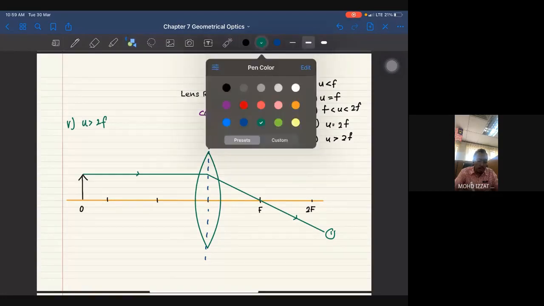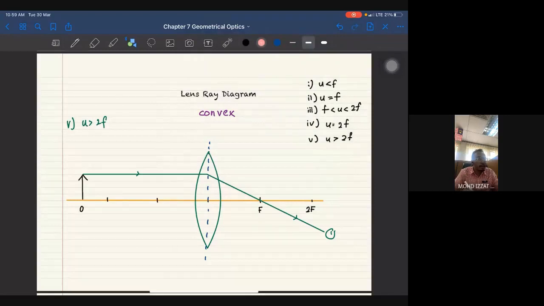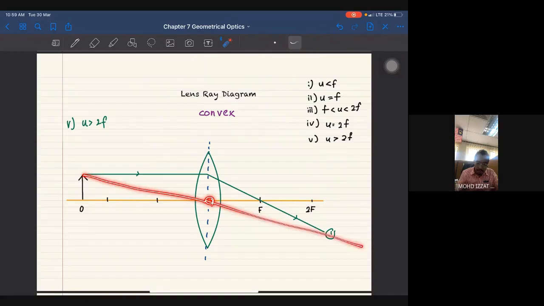Ray number 2, saya skip ray number 2. Instead, saya nak buat ray yang ketiga. Ray yang ketiga, kalau mirror, dia lalu C depan terbalik ke C. Center dia kan. Tapi yang ni, dia lalu dekat center sini. And then dia terus gerak. Okay, semua lens dia macam tu. Dia lalu kat center terus pergi belakang. Ni line paling senang lah.